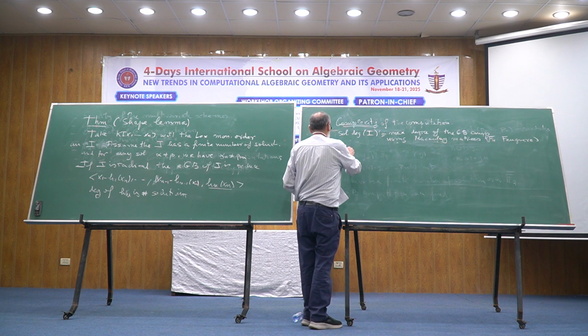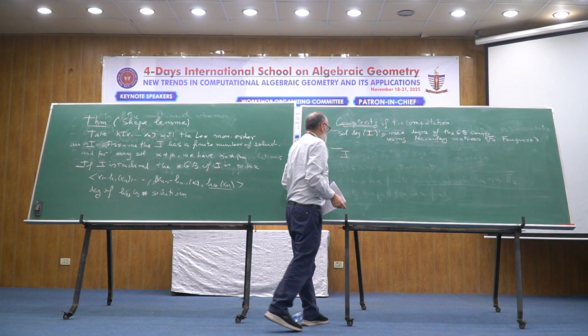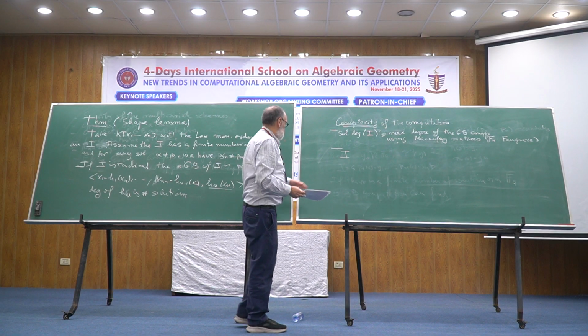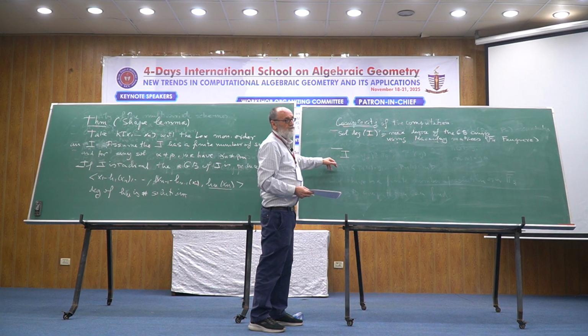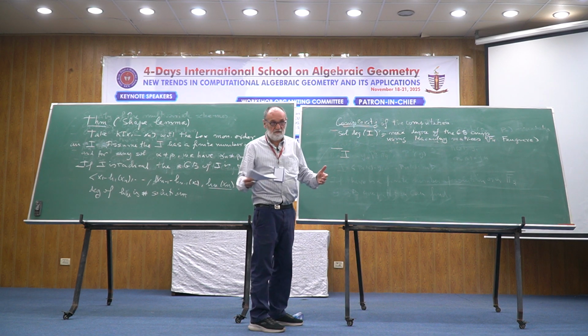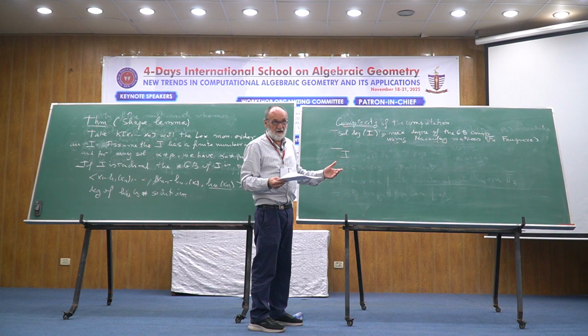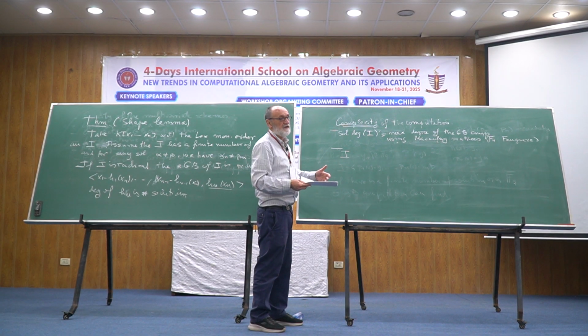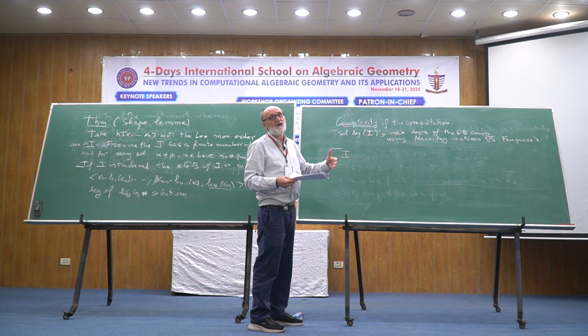The problem is that you have an ideal with several polynomials of some fixed degree. But then, when the Grobner basis computation starts, the degree can grow.